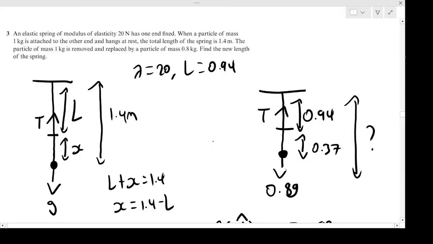So hopefully then you can spot that the total length of the spring after the extension is going to be these two added together, the original natural length and the extension length.